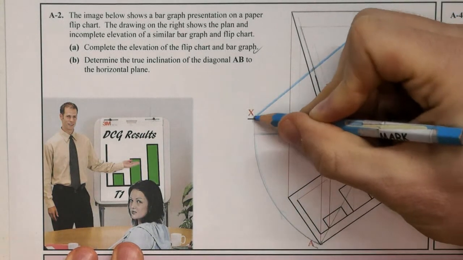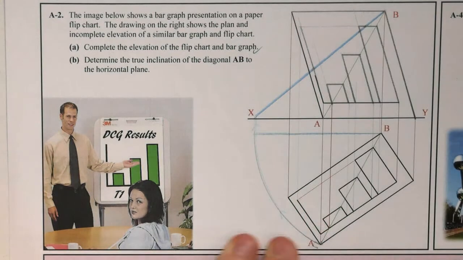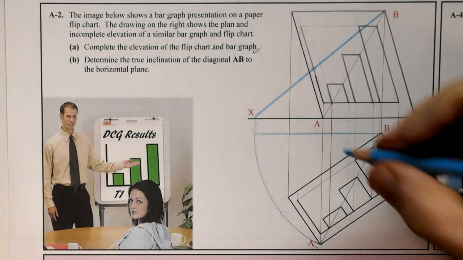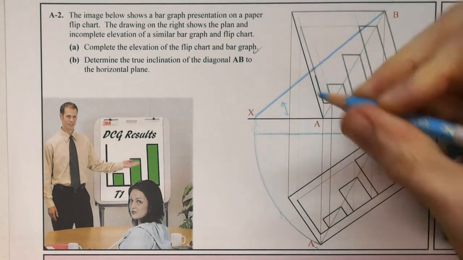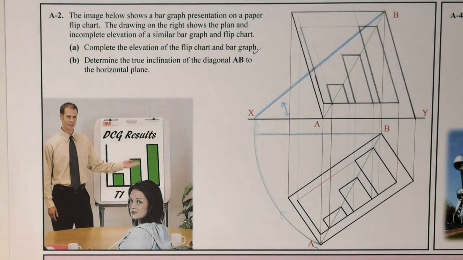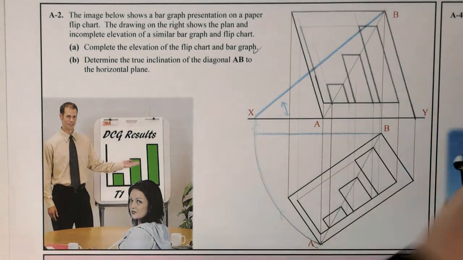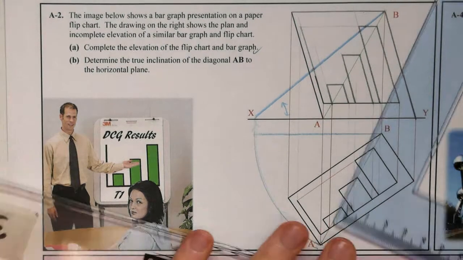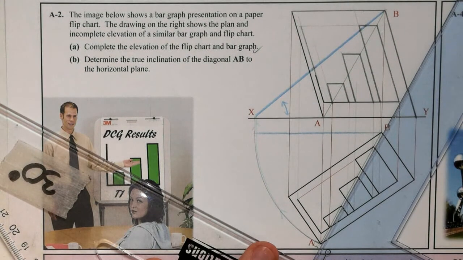So AB is being rotated so that we're looking perpendicular to it, and that would be the true angle of inclination.